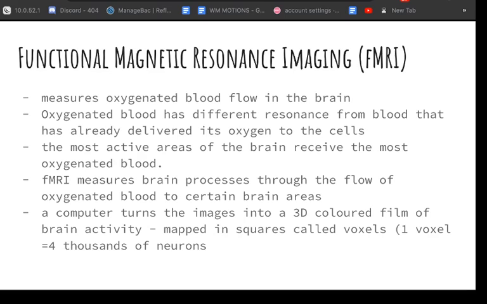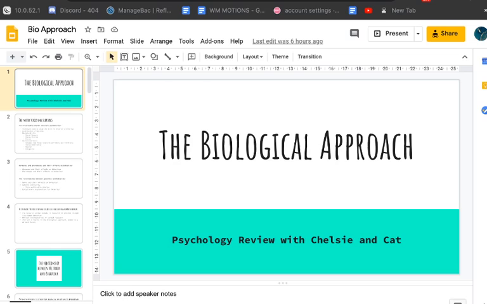Okay, next up we have fMRI. fMRI is pretty similar to MRI, the same energy, but what it measures is different. If you ever see those images of the brain with strange colors, you're seeing brain activity measured by fMRI. It measures the oxygenated blood flow in the brain.